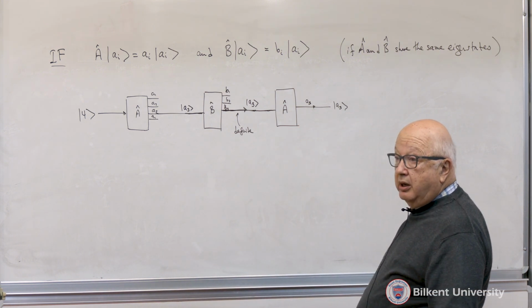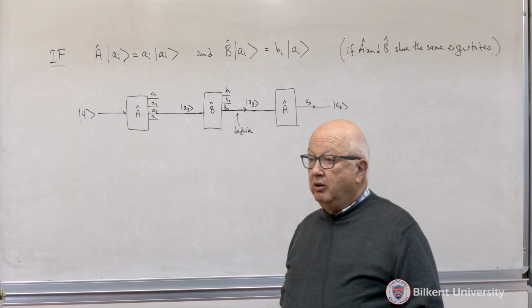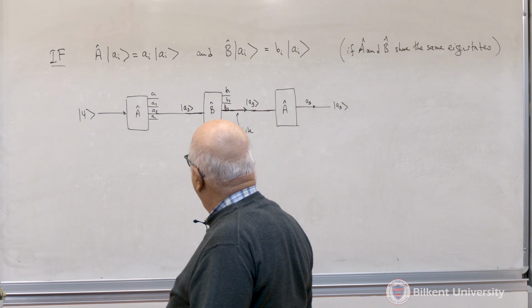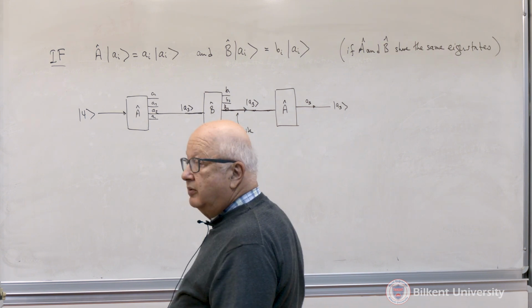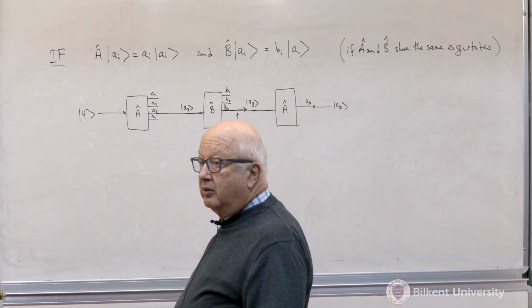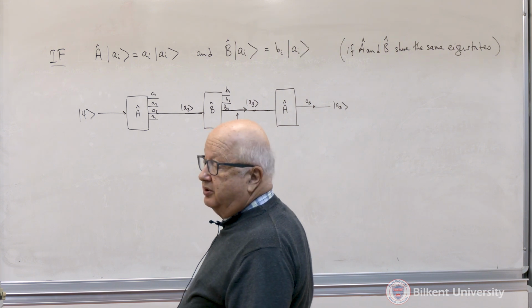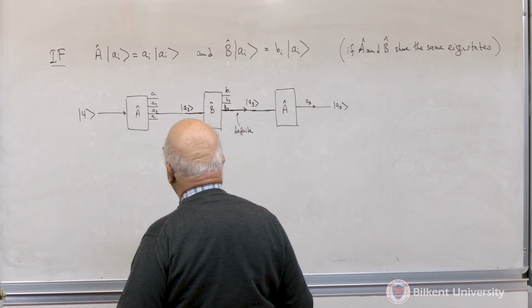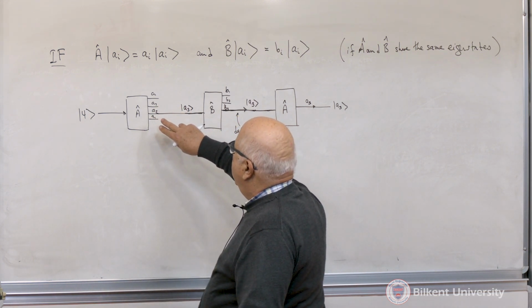I have a question. Yes. We said that if we observe a_i, then the system collapses into a_i as the states. But what if two states have the same eigenvalue? Well, it still collapses to one of them. Okay, so you make a measurement.